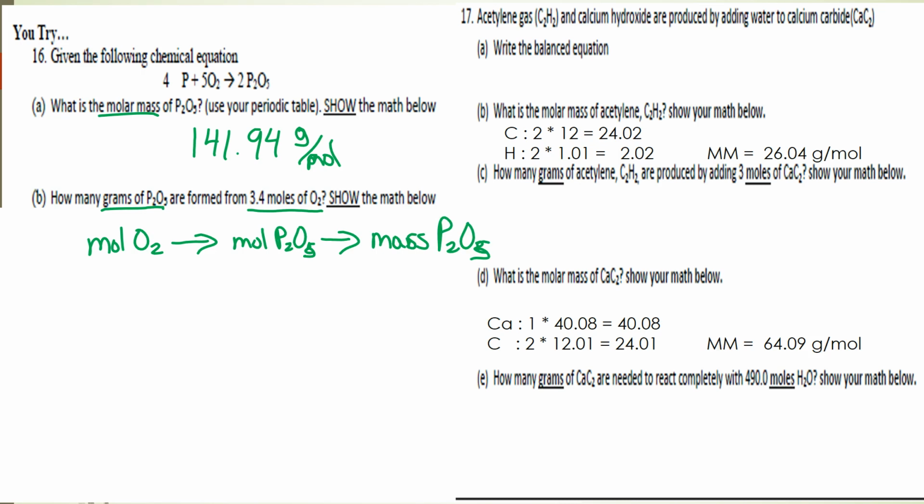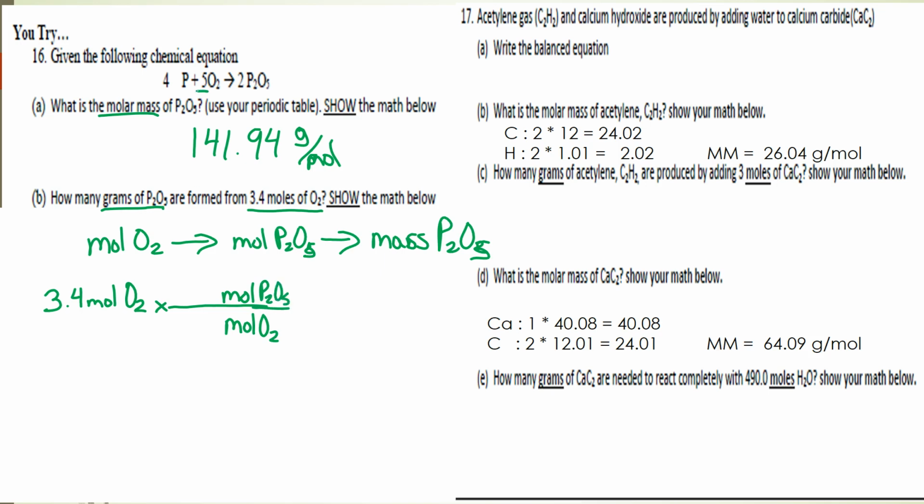So when we set this up, I'm starting off with my given. How do I get from mole of O2 to mole of P2O5? What process am I using? Mole ratio, thank you. So I'm getting rid of mole of O2, and I'm trying to get to mole of P2O5.